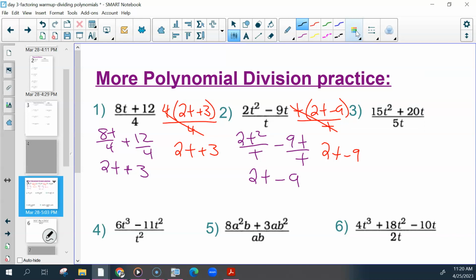Number 3, do we want to do the splitting method or the factoring method? Splitting. Okay, so 15t squared divided by 5t plus 20t divided by 5t.